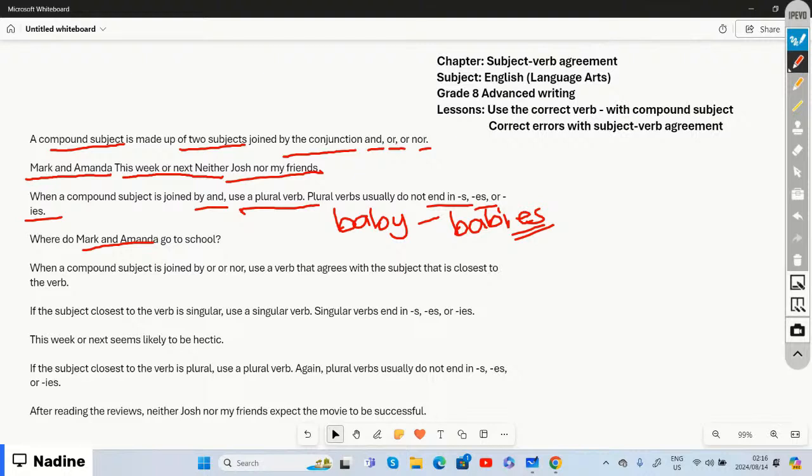And if the subject closest to the verb is singular, then we use a singular verb. And singular verbs end in s, es, or ies.